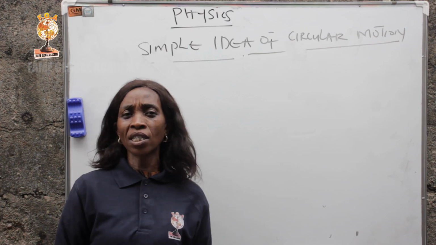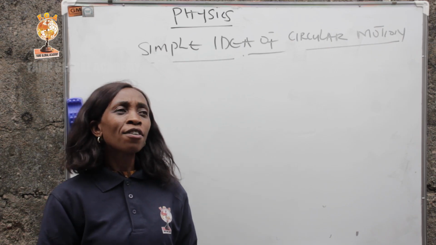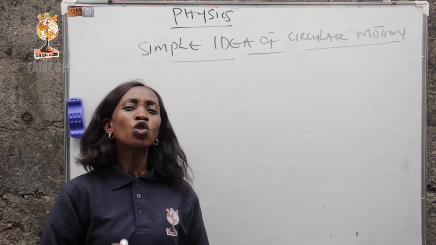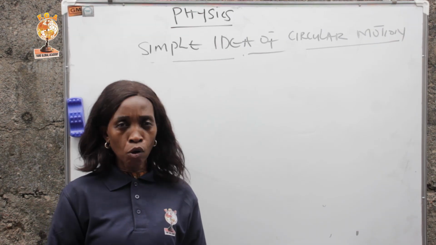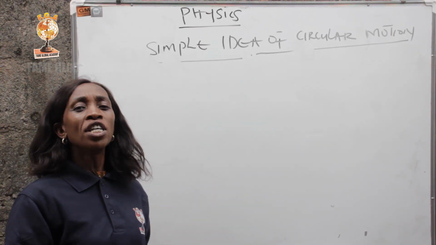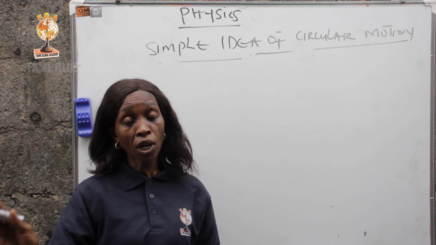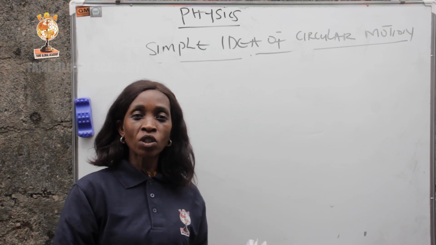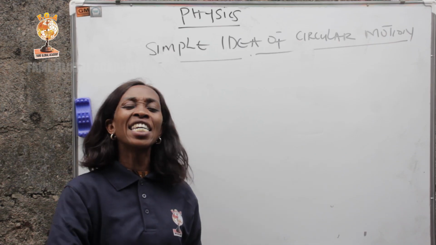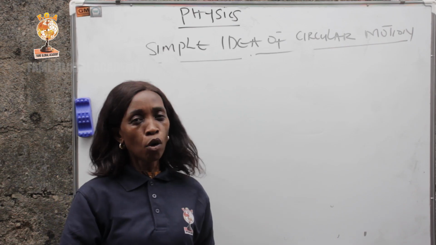And there are objects that are examples of objects moving in a circular motion. Take for instance, the satellite moving around the earth is undergoing a circular motion. And number two, if you have a stone tied to a string, and it's swung vertically or horizontally in a circle, it is also undergoing a circular motion.